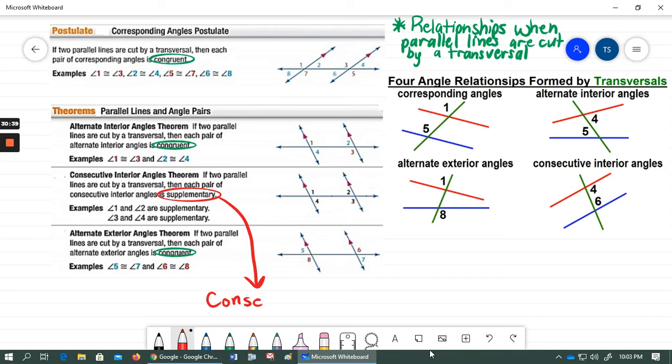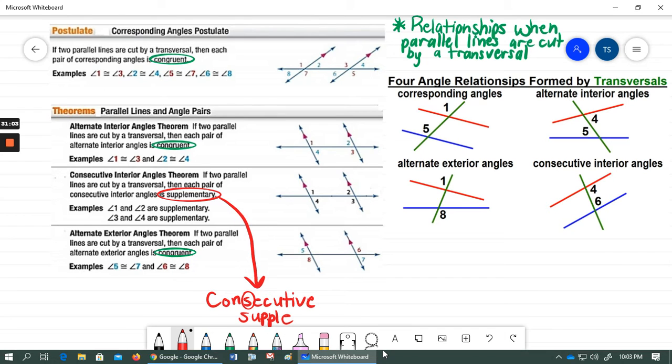I can't say the word consecutive without saying that S sound. Consecutive interior, it has that S. Consecutive, supplementary, right? I can't say or write that without it having that S in there.